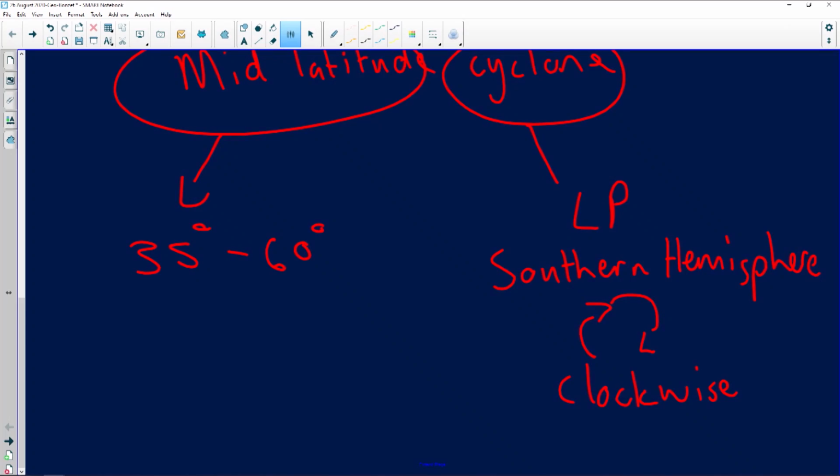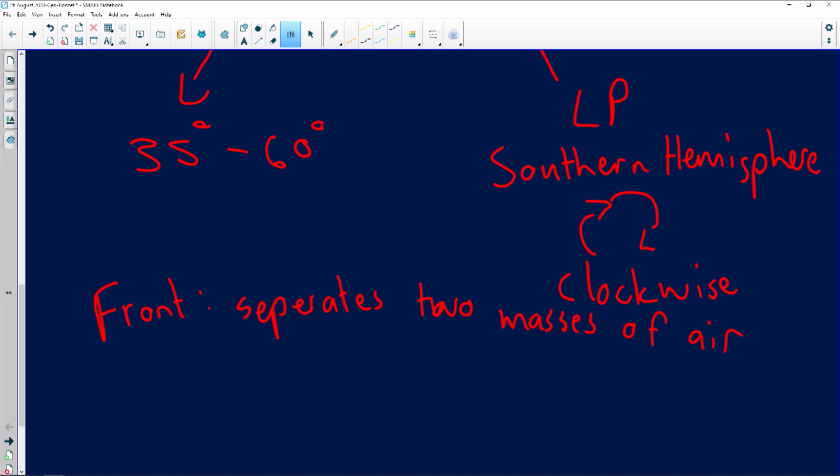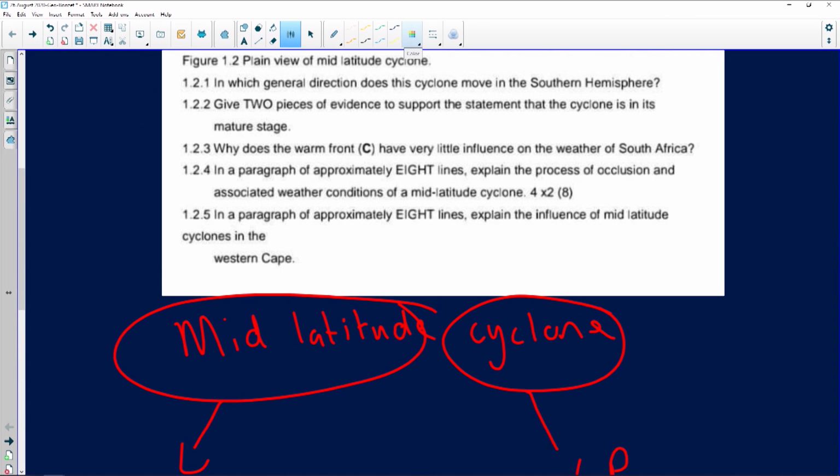So let's write it down there. A front separates two masses of air.